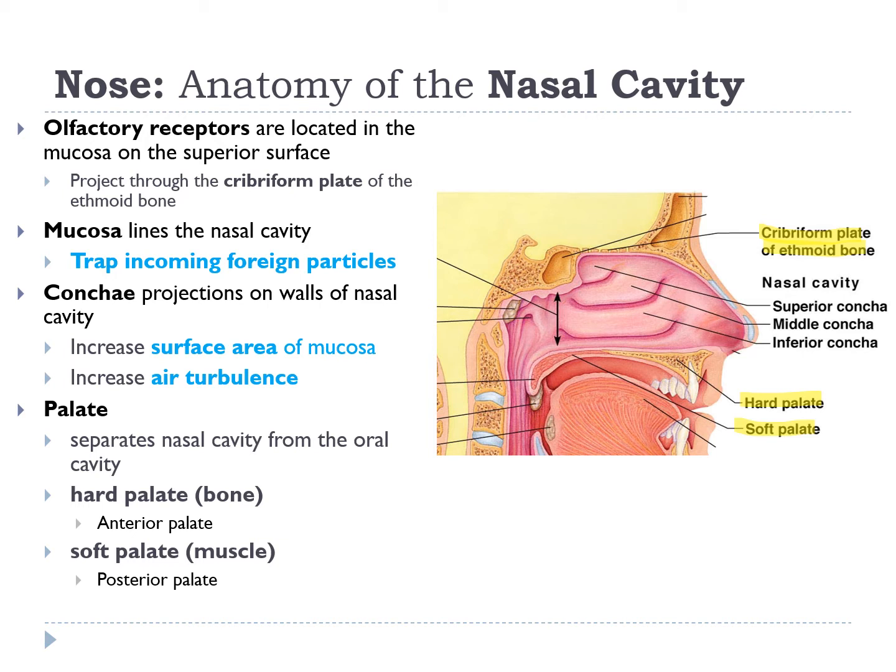That's why it's called mucosa. The olfactory receptors, which are a part of our special senses that bind with chemicals to send smell signals to our brain, are located in the superior surface of our nasal cavity. So they're on the roof of that cavity.